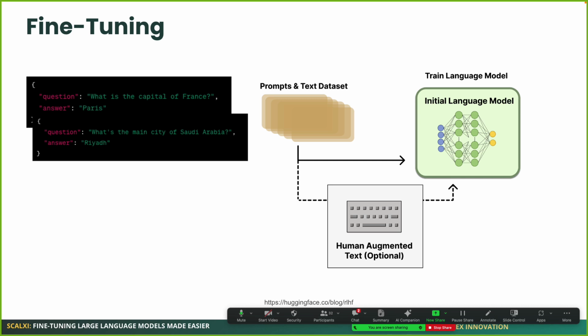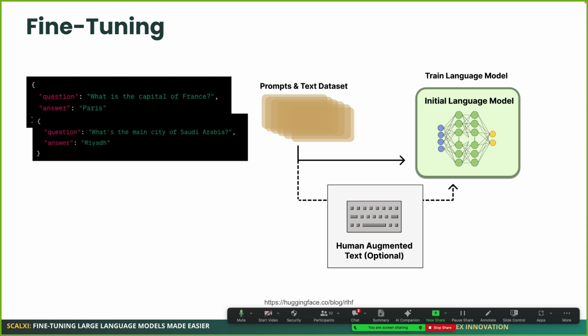Or, for example, if I want to do text summarization, I'm going to provide a long text, and I will provide a short text as the answer, and the model will be trained to do text summarization and so on. So usually the size of this fine-tuning data set would reach, for example, the minimum is around maybe 1,000, but the typical is between 10,000 and 100,000 data set entries.